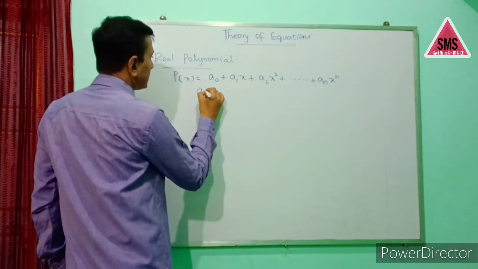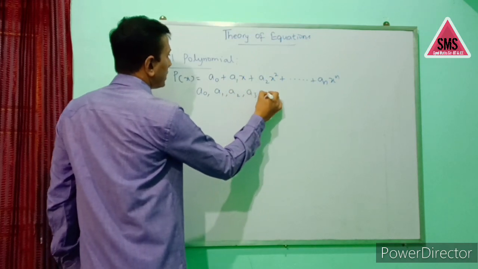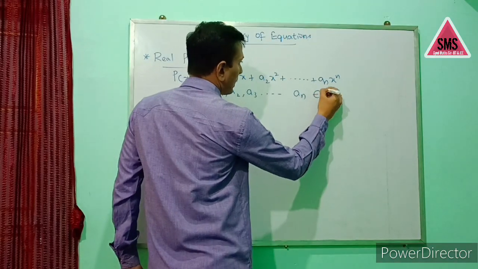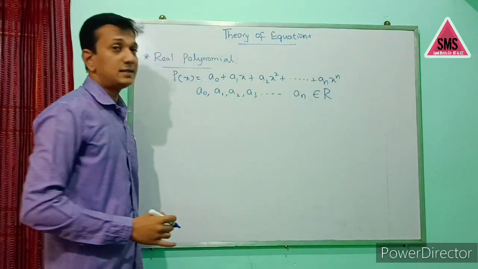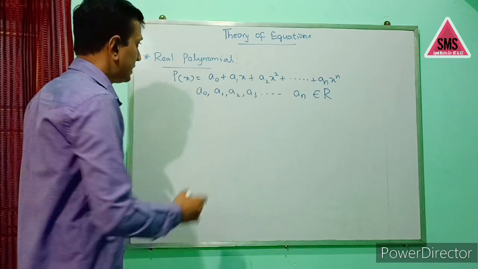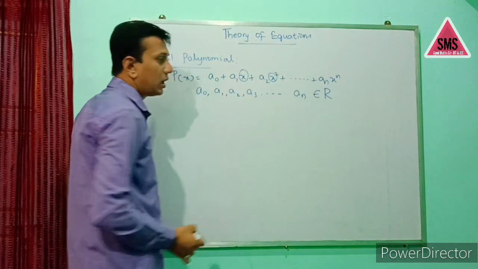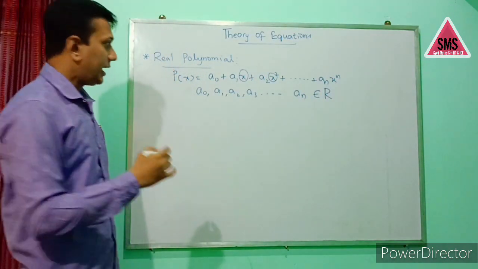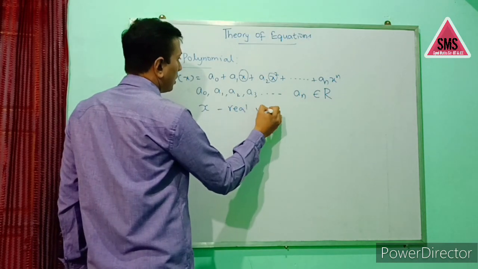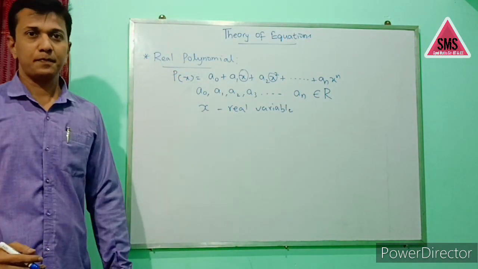Here a naught, a1, a2, a3 and so on up to an, they all belong to real numbers. That means they are called real coefficients. And the variable x, whatever we have written the polynomial in terms of, is also a real variable. It is a real number.